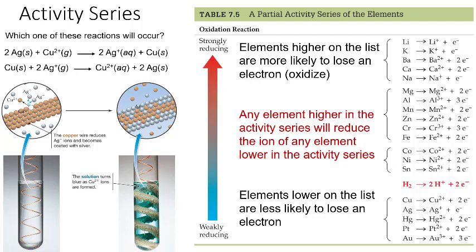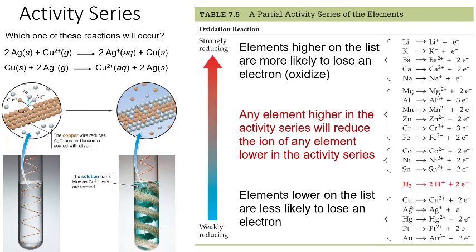Elements listed higher on this list are more likely to lose an electron and oxidize, which means they are more strongly reducing, whereas elements lower on the list are less likely to lose an electron, so they are weakly reducing. Any element that's higher in the activity series will reduce the ion of any element that is lower. Copper and silver are the two elements involved in our top reaction.